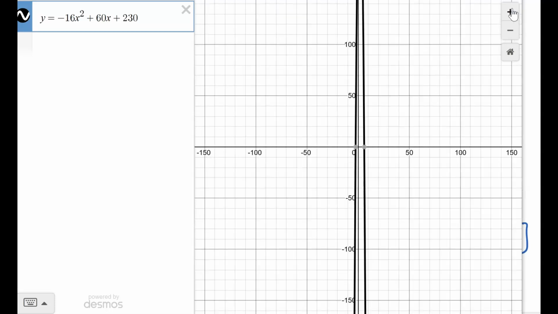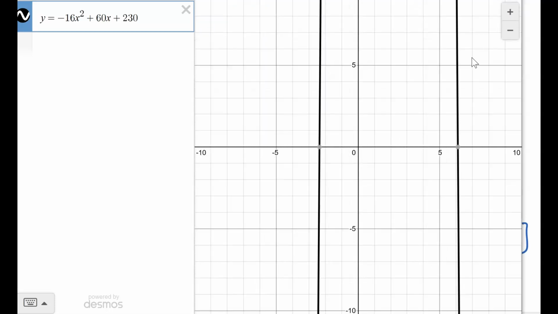And if you want, let's see, we'll zoom in. Y is also 0 when x, or time, is 6.105. So at 6.105 seconds, the height of the ball was 0, meaning it reached the ground. So 6.105 is going to be our answer here.